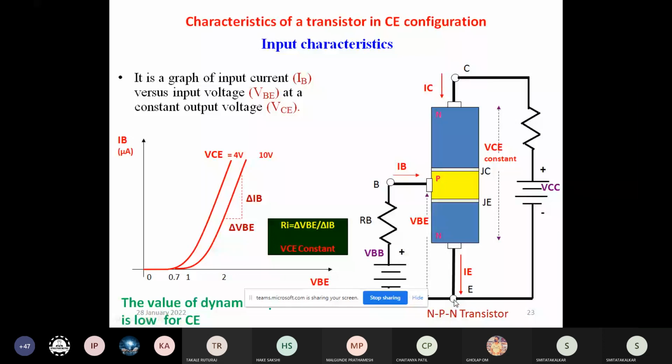That's why the input side base to emitter voltage conducts in forward bias. That's why in forward bias, if the VBE voltage increases, the current also increases.